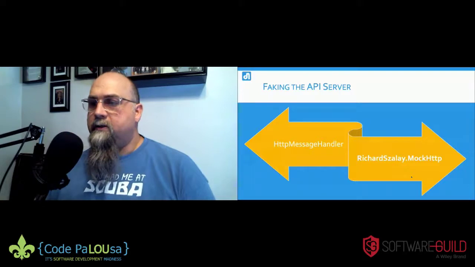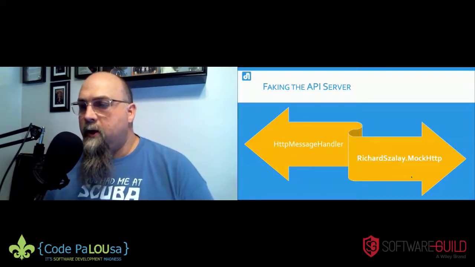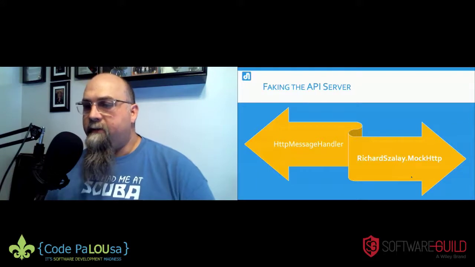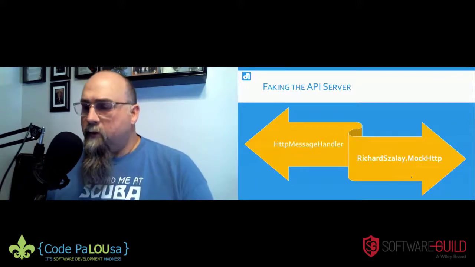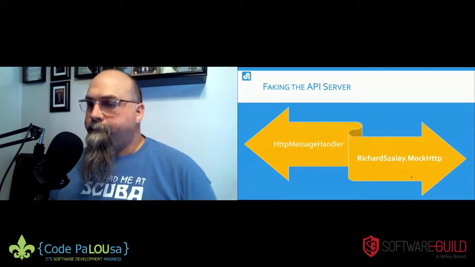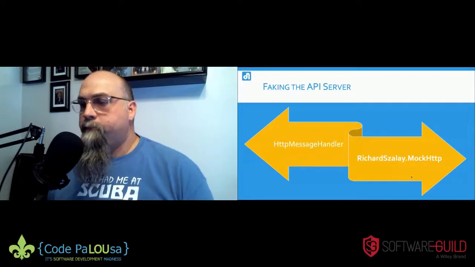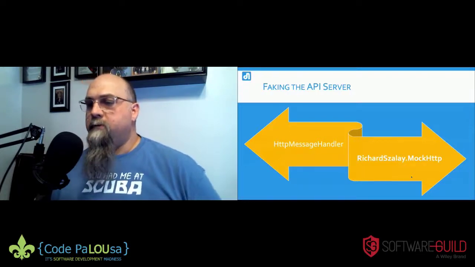So it provides a custom message handler that we can give to the HTTP client, and it allows us to define the things that we want to respond to. So if we respond to a message of some sort, we can specify the URL, all these things that you mock what comes back to it.